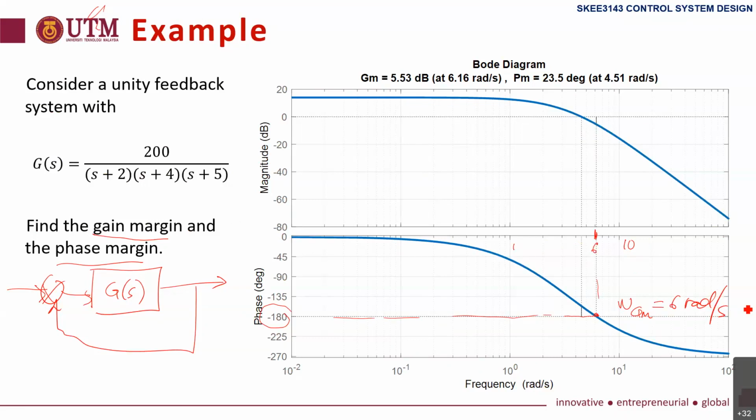This is also sometimes called the phase crossover frequency, that means the frequency that crosses 180 degrees. We call it the phase crossover frequency, also omega GM. Then the gain margin, we can look here. This is the gain margin, from here to here.